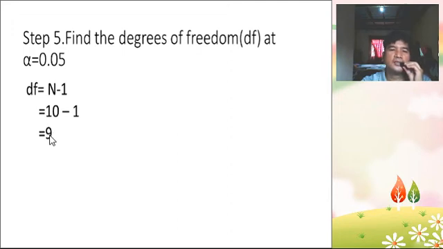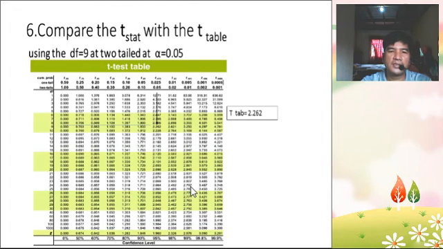Okay, so that is the degrees of freedom. Okay, next is step number 6. You have to compare the T stat with the T table. So, you must have a T table. T table is given here. This one is 0.05. And the degrees of freedom is 9.